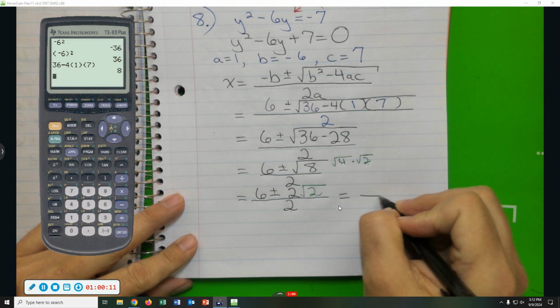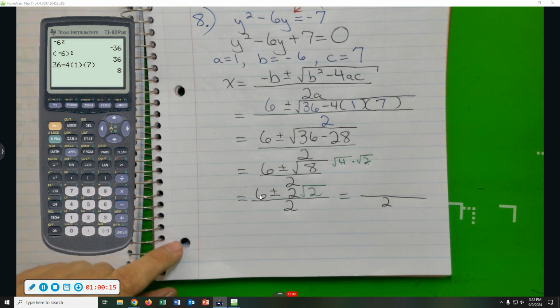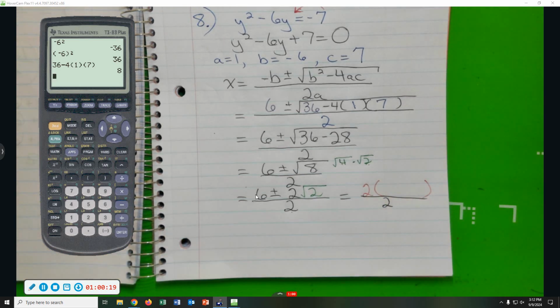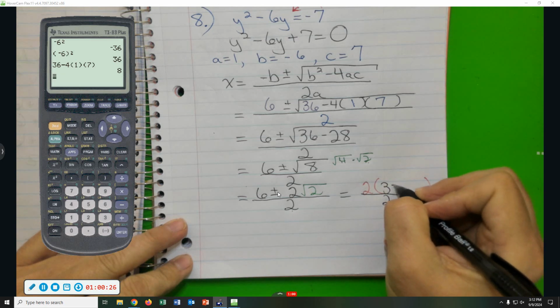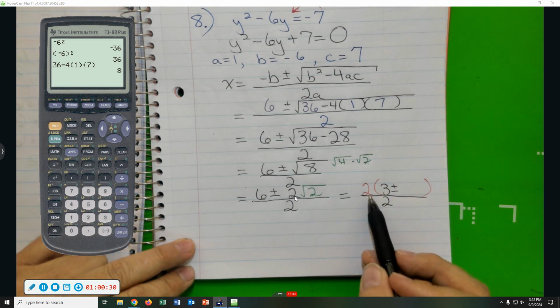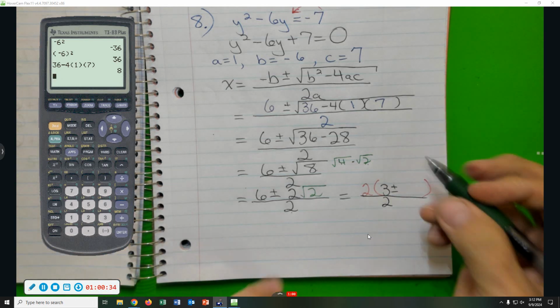So, I'll show you my thought. I'm dividing through by 2. 6 divided by 2 is 3, plus or minus 2 square roots of 2 divided by 2 gives me just 1 square root of 2.